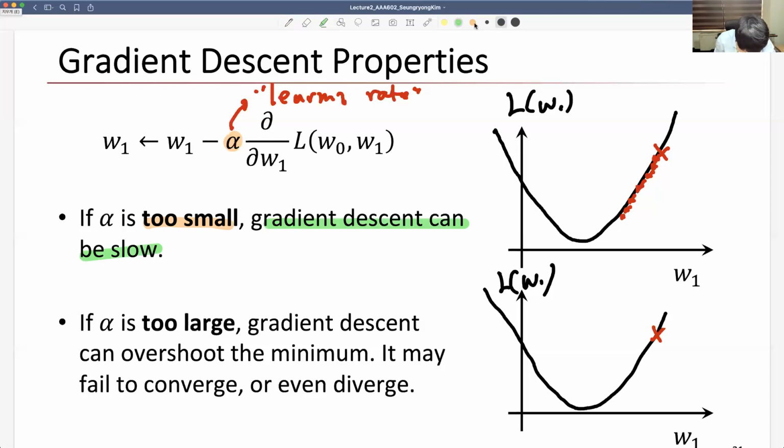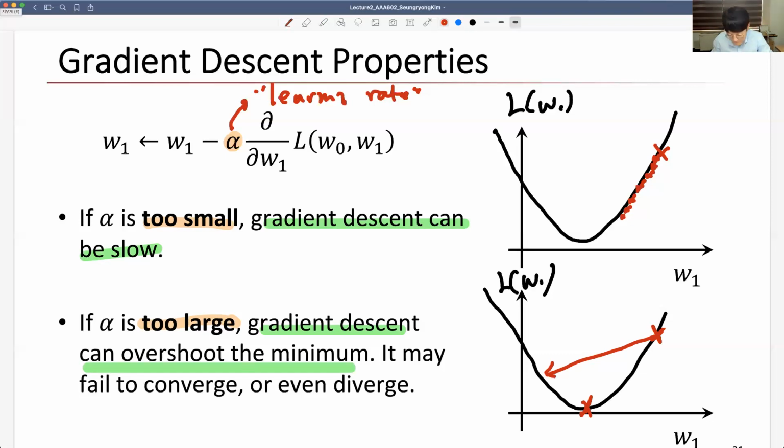Then what about another case when alpha is too large? In that case, the gradient descent can overshoot the minimum. What does it mean? The next step of the gradient descent will be something like this, right? It might overshoot the minimum because the minimum is here, right?